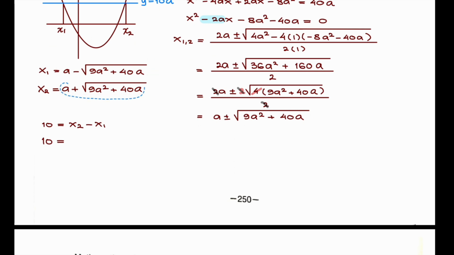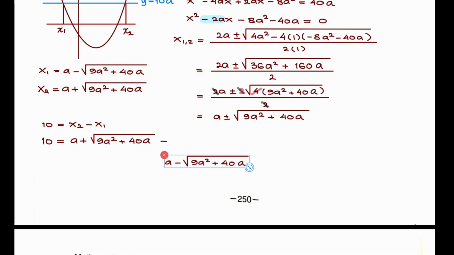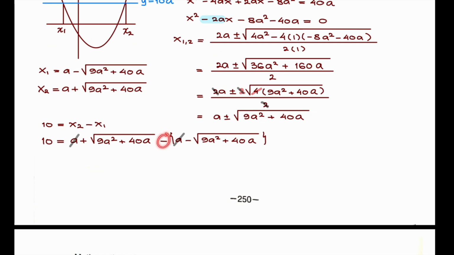So this one minus x1. Of course, you can cancel out a. Don't forget to put brackets here. You can cancel out this a, and then minus times negative becomes positive.